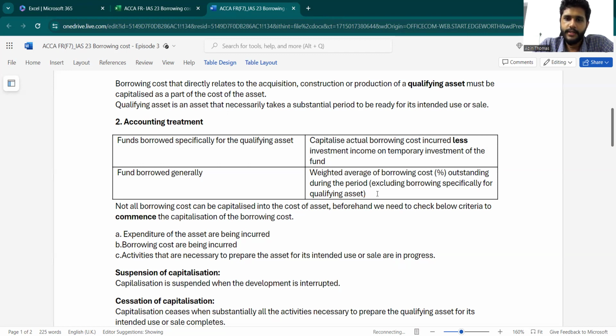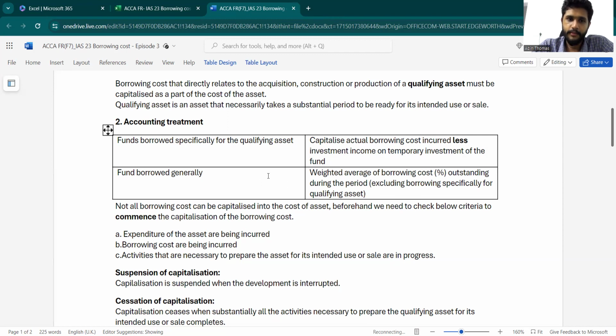So the standard says that if we use that generally borrowed fund, we can use the weighted average borrowing cost percentage to calculate the interest expense, and that weighted average borrowing cost interest can be capitalized into the cost of that asset.